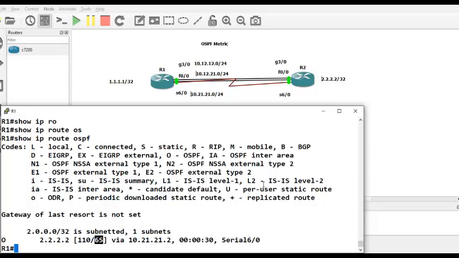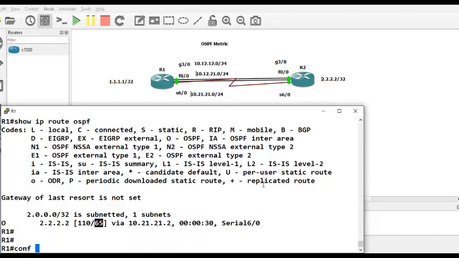Now let us go back to the second learning. First learning is manually configuring the cost. Second is going and changing the numerator, the reference bandwidth. Now let us go and remove the cost that we manually configured.